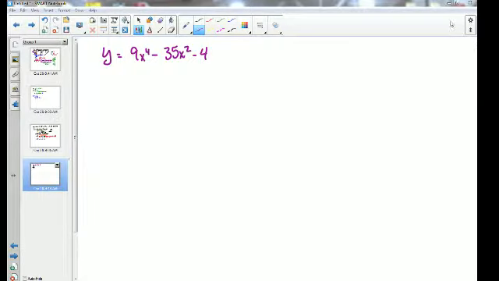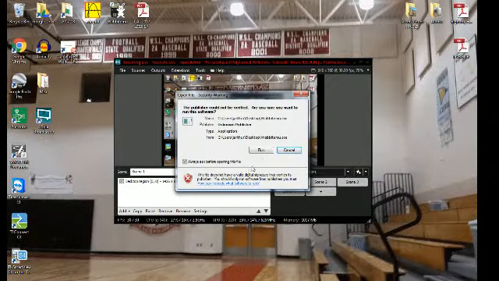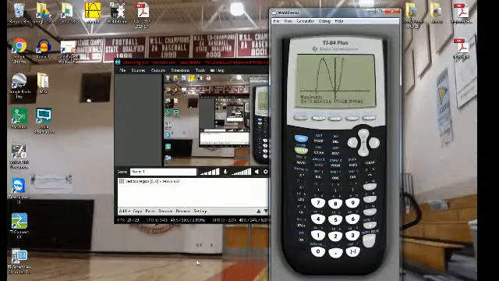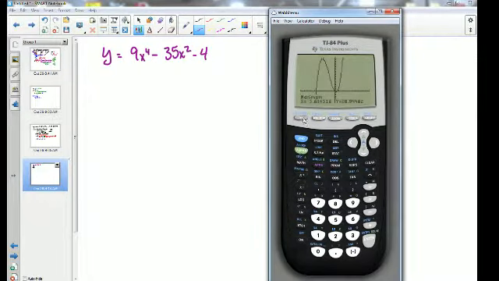Put that function there in your y equals. All right. So this is the same method as calculating min or max. Okay. So put that in your y equals screen.